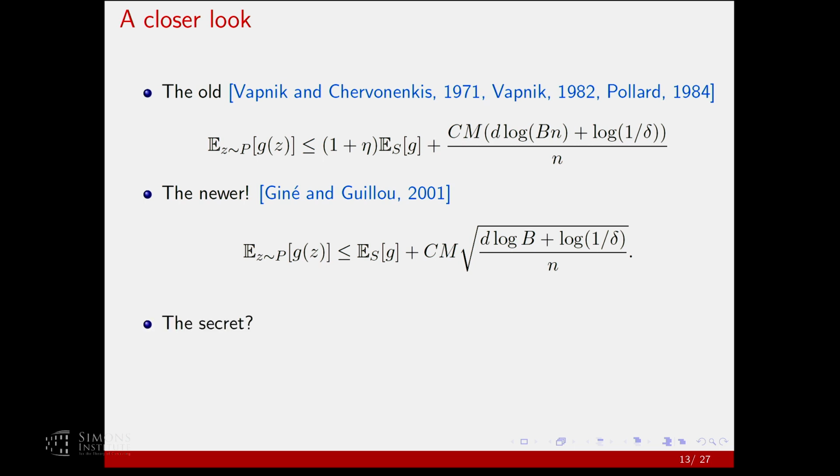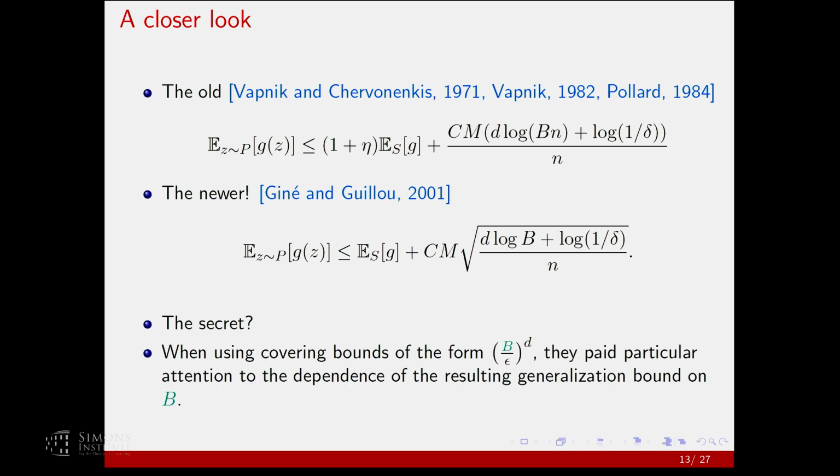The secret behind this really nice bound, which has logarithmic dependence on the Lipschitz constant and linear dependence on dimension, is that, of course, we all use covering bounds of the form B over epsilon to the D, but they paid particular attention to the dependence of the resulting generalization bound on B. Whereas earlier results were only thinking of B as a constant, and ignored this relationship.